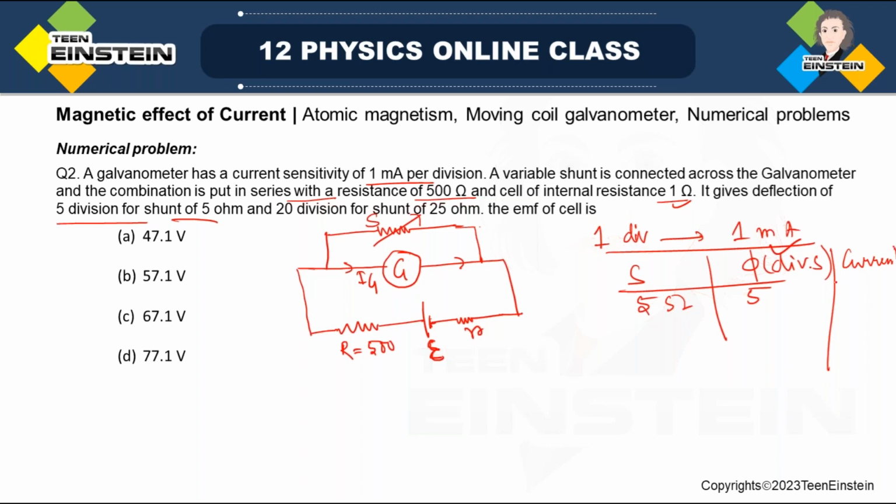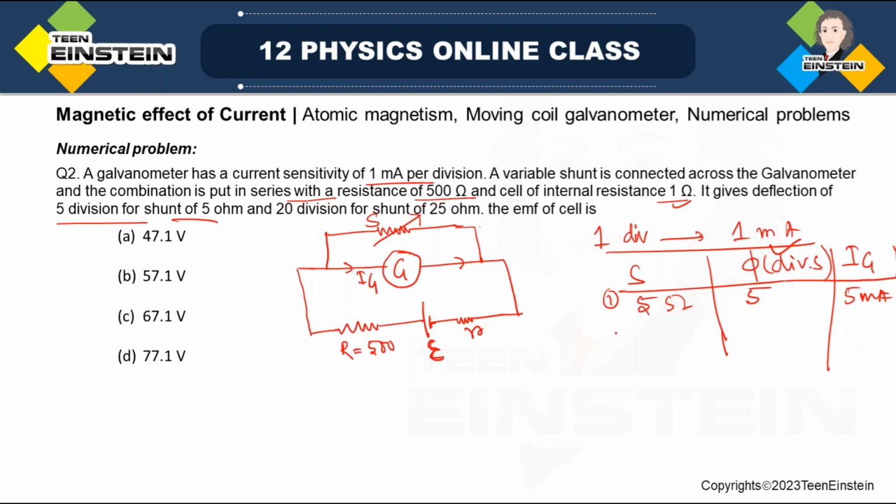Deflection is directly related to galvanometer current. So Ig will be how much? See, sensitivity of the galvanometer was given: one division represents 1 milliampere current. So when the shunt is 5 ohm, deflection is 5 divisions, so 5 milliampere is the current, because per division deflection represents 1 milliampere current.